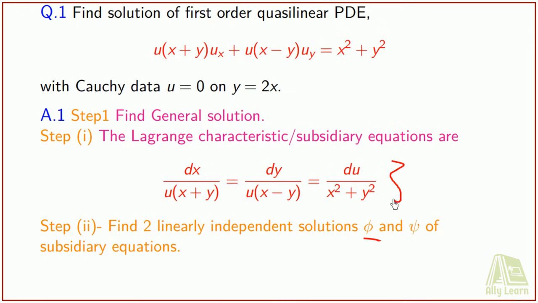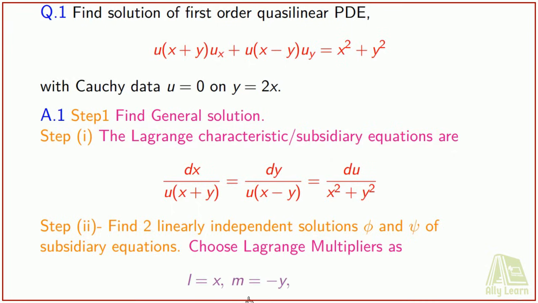So what we do over here, we choose Lagrange multipliers as l equals x, m equals minus y, n equals minus u. So these are my l, m and n, and this is my capital P, this is my capital Q, and this is my capital R.